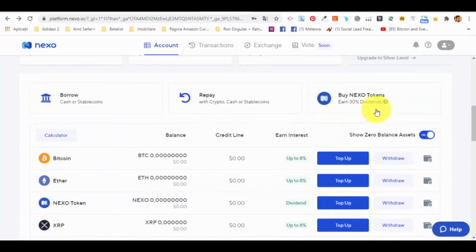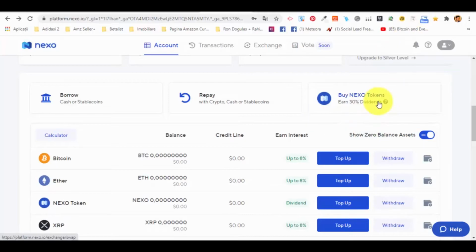Pretty simple. And another good part about Nexo, you can earn dividends, 30% dividends from Nexo, which is again great. Because if you buy the Nexo tokens, you will basically buy a stake in the company, right?